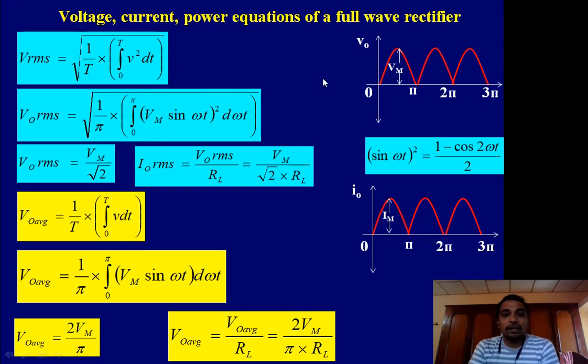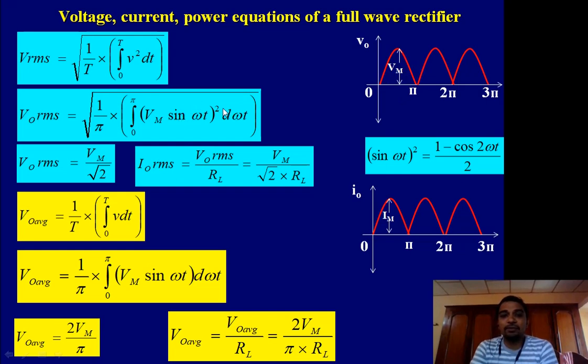Finally you need to apply the root. We have a complete sine waveform 0 to pi, 2 pi, 3 pi, presenting in every half cycle. So I can take the time period as 0 to pi, and this waveform is V equal to V maximum sine omega t.